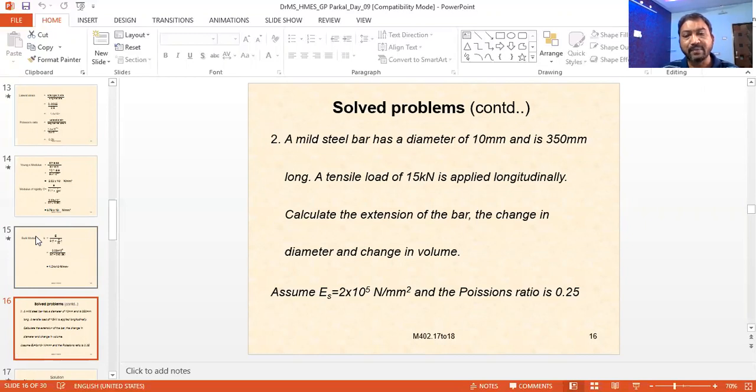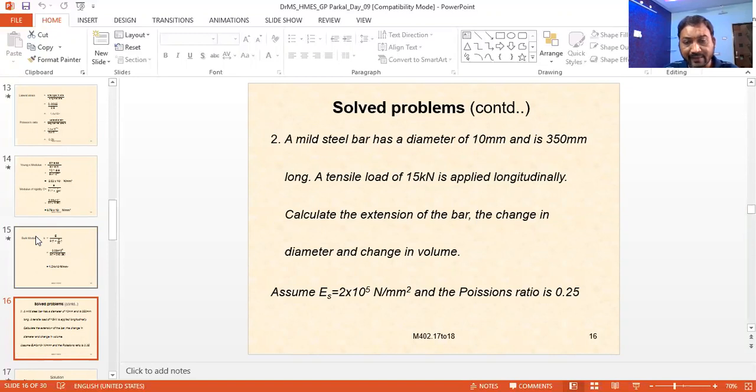A mild steel bar has a diameter of 10 millimeters and is 350 millimeters long. A tensile load of 15 kilonewtons is applied longitudinally.